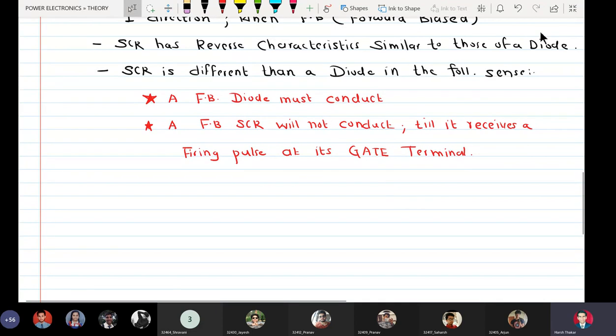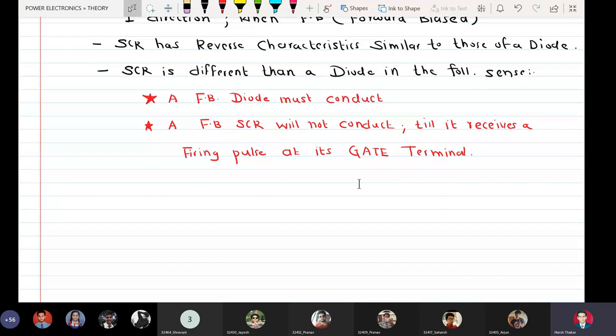And we already discussed that if we apply a single phase 230 volts RMS 50 hertz supply to a diode, then its cut-in voltage being 0.7 volts, the positive half cycle of the supply will attain a value of 0.7 volts at merely 0.12 degrees, that is almost at 0 degrees.